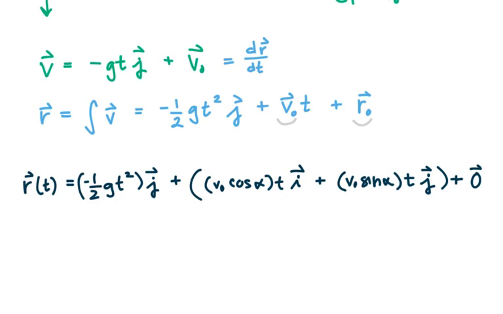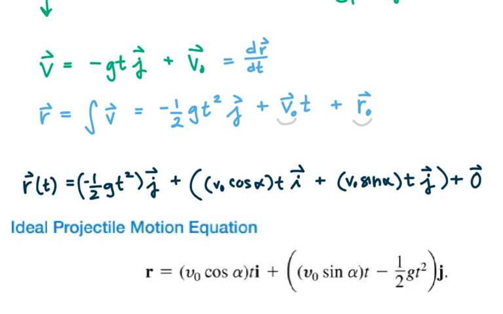And with a little bit of manipulation, we have our ideal projectile motion equation, right? So looking at this equation, alpha refers to the launch angle or the angle of elevation. And then this v naught, the magnitude of our velocity vector, is the initial speed.